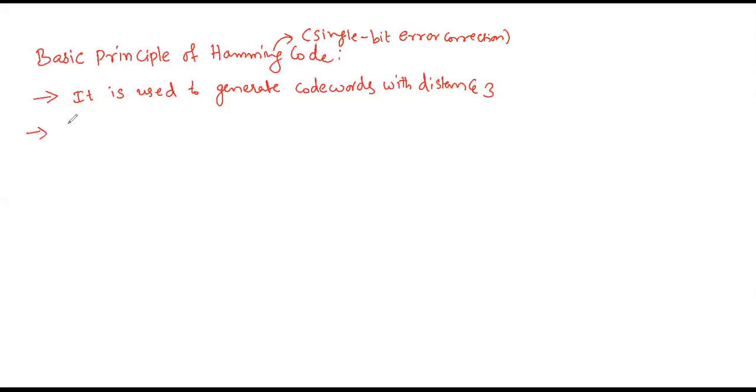And each code word has m data bits and k check bits. Check bits means parity bits.